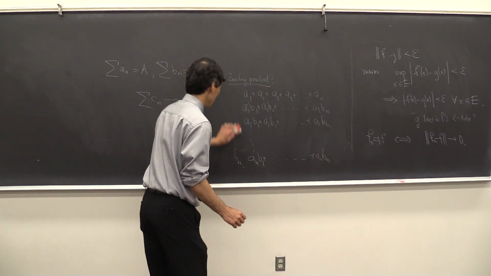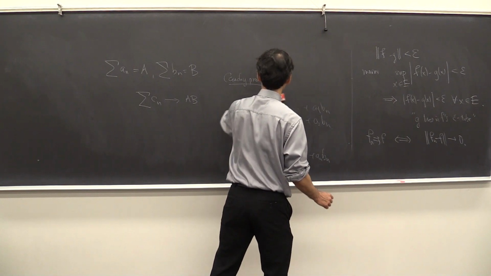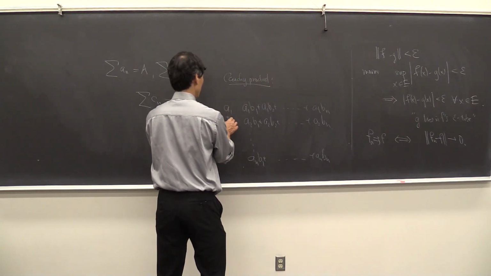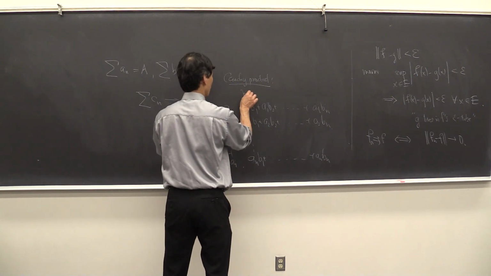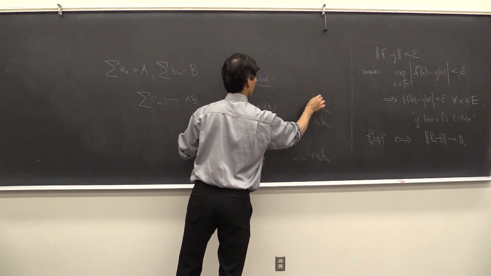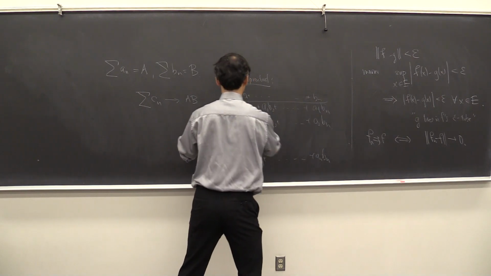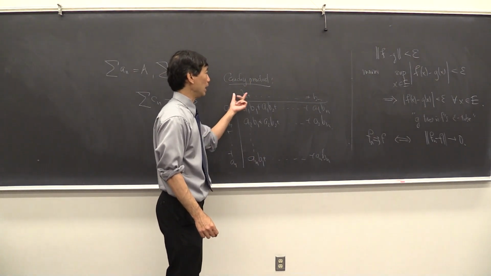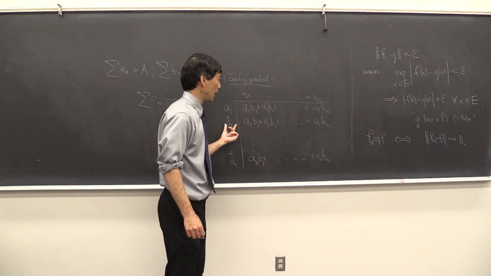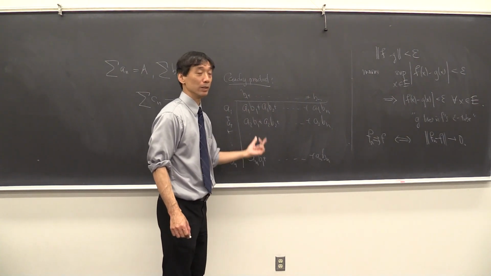I probably wrote this wrong. I should have written it as A1 plus A2 plus up to An, times B1 plus up to Bn. Just by the distributive property, you take A1 times everybody here, plus A2 times everybody here, etc.